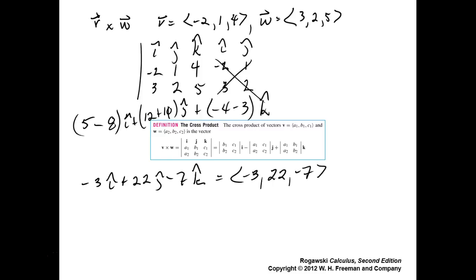Yeah, I think we've already done that. So let's move on. Oh, here's the right-hand rule. So, blow it up.